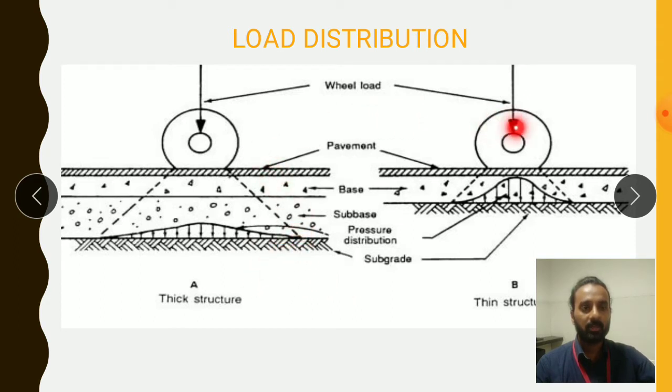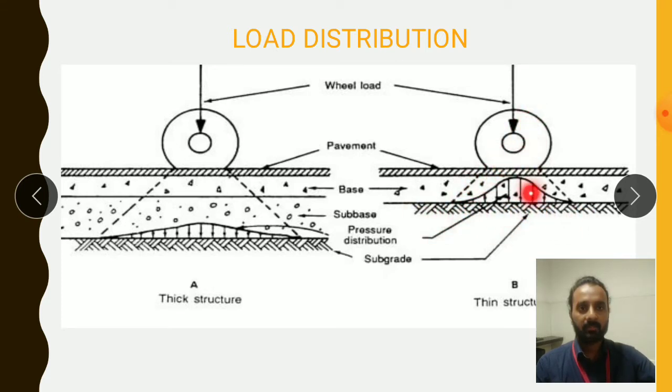Now coming back to this thin structure, of which we can take the example of rigid pavement. First of all, the wheel load is directly in contact with the pavement, which is called an RCC, and then again they have a base, then directly a sub-base or subgrade, or both.